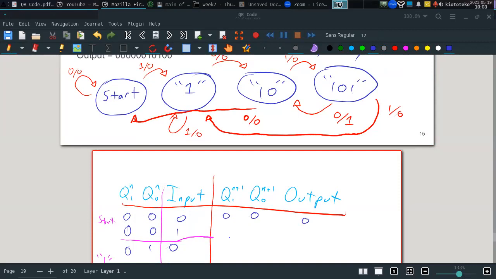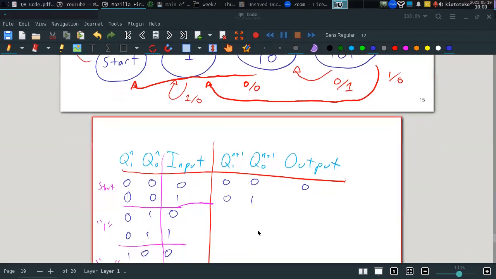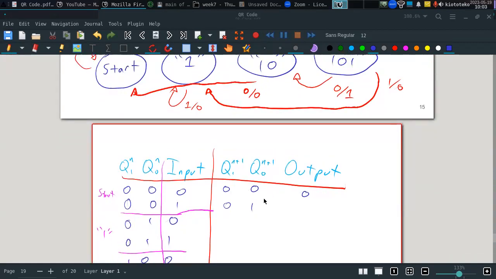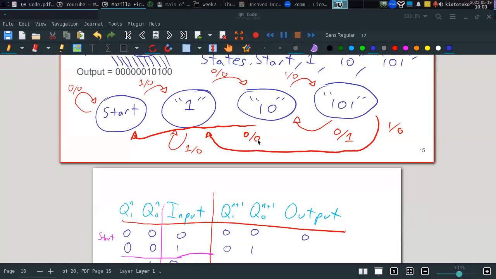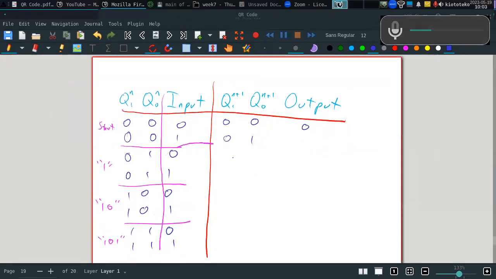Well, let's just do the next state first, and then we'll do the true output values. We are in the state start, which is state 0, and we have a 1, we'll proceed to the next state, which is state 1. No? If we are in state 1 and we get a 0, that means we go to state 1, 0, which is state 2.